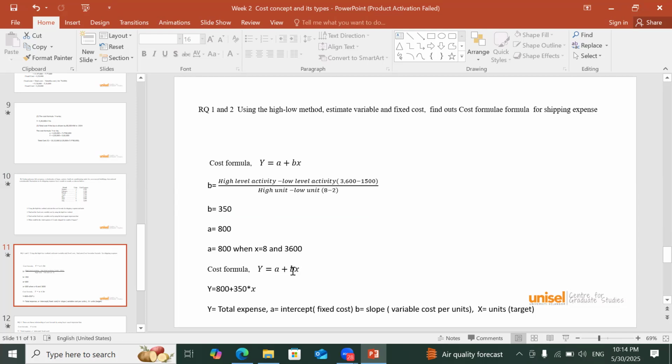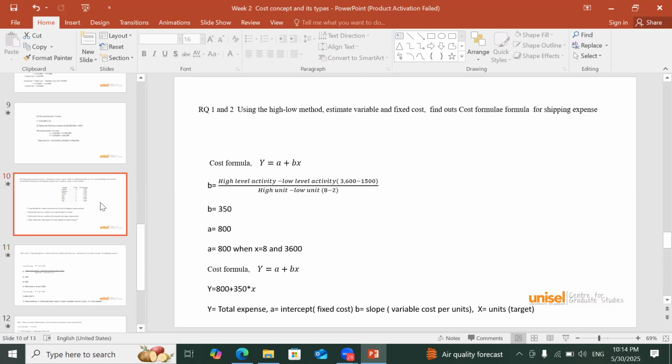So 8 into 350 plus A is equal to 3,600. Solving this, you will get 800. Okay? Understand or not? You understand or not? Sir, we have to pick the highest value for Y. You may pick high, you may pick low, anyone.